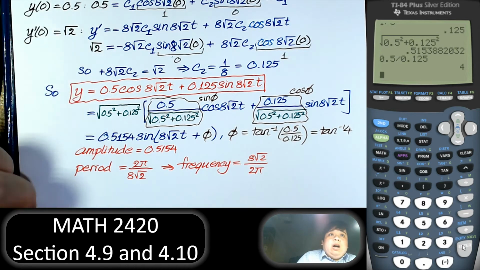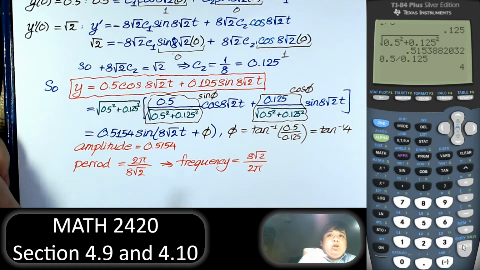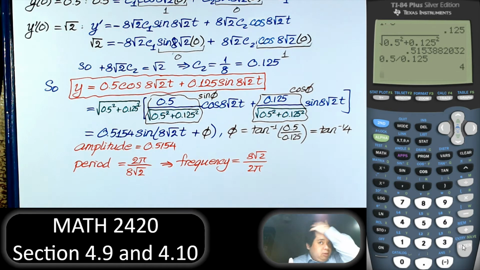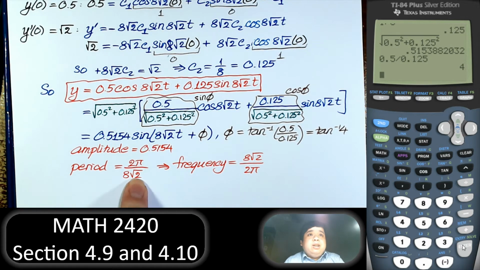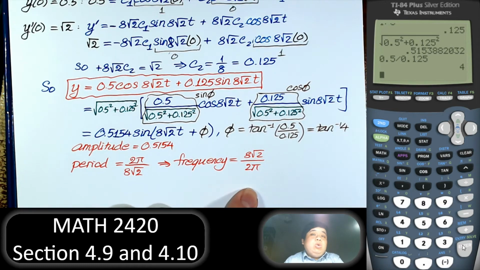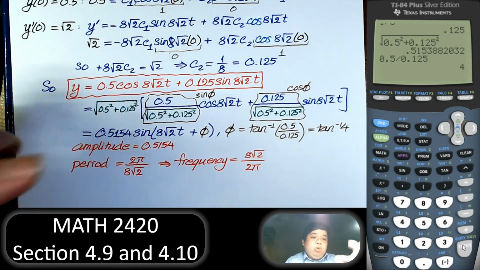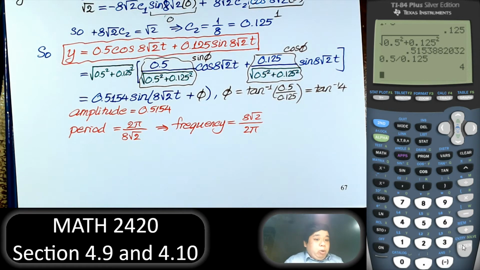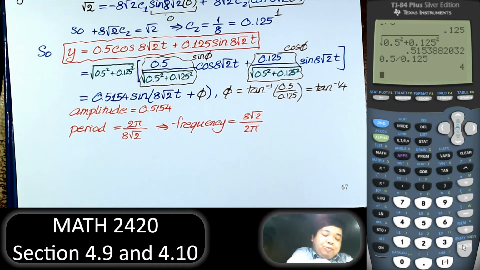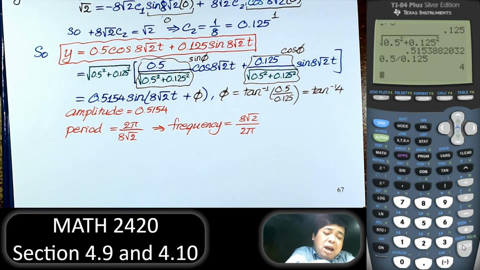Right. The period is the time it takes for the function to repeat itself. I'm not talking about just the y values repeating, I mean the pattern repeats itself. So in that case, the period is in seconds, frequency is 1 over seconds, the amplitude will be whatever the unit of length, so let it be meters. So if we move it, the object will vibrate and the magnitude is that much. I mean the amplitude is that much.